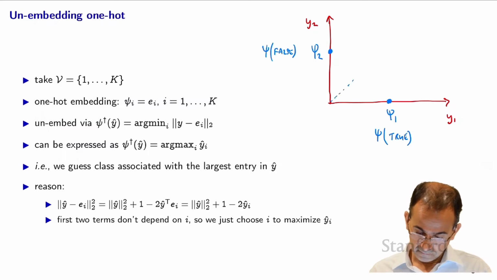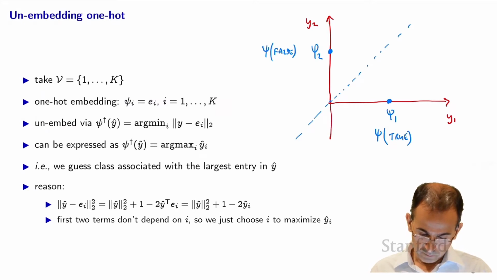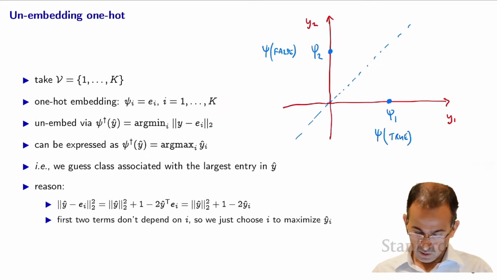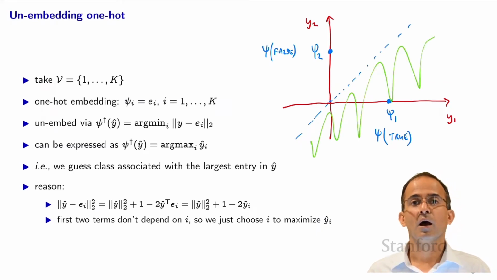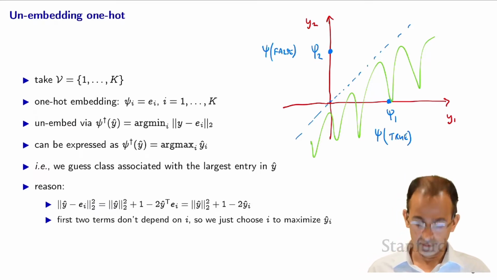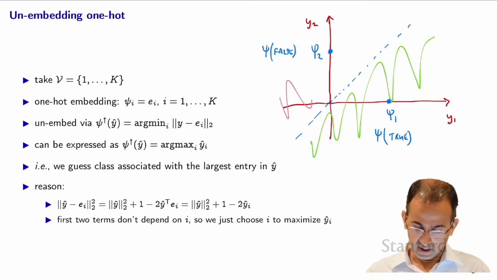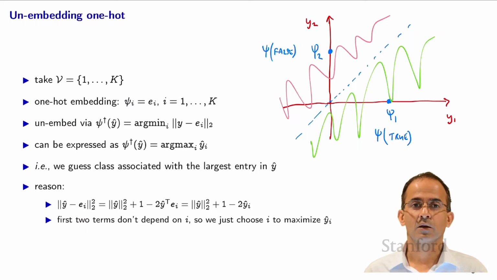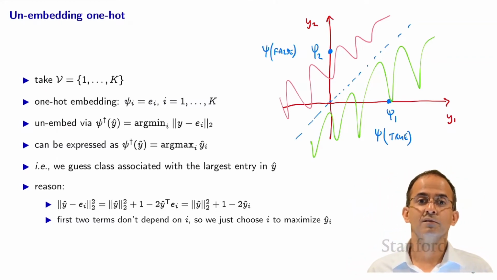Well, we'll say if you're on this side of the plane, if y hat's over there, then the corresponding v hat will be psi1, and if you're on this side of the plane, then the corresponding v hat will be psi2. And to be precise, there will be not psi1 and psi2, but v1 and v2, the corresponding targets, true and false.